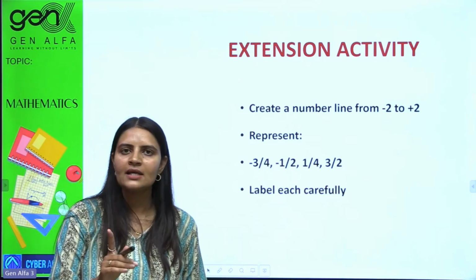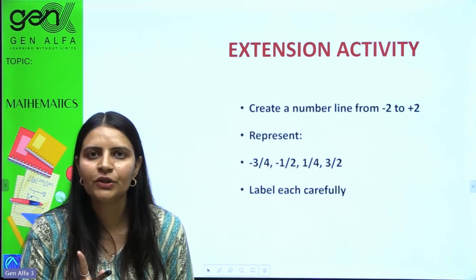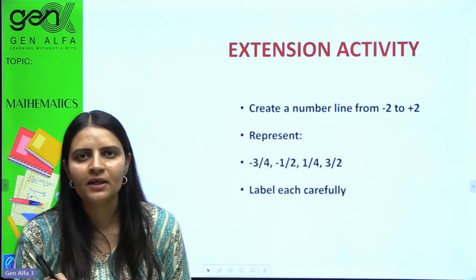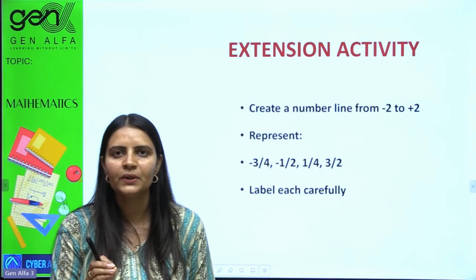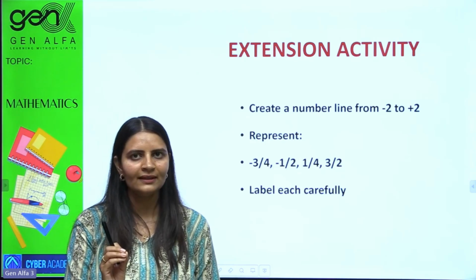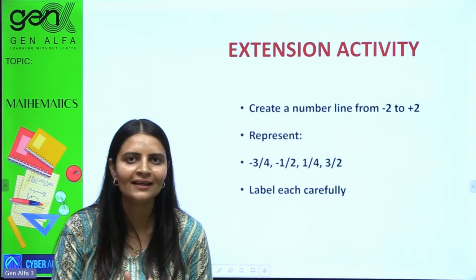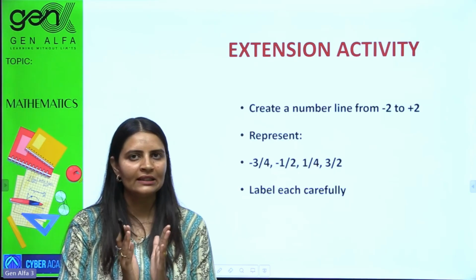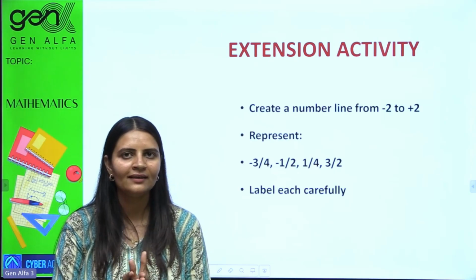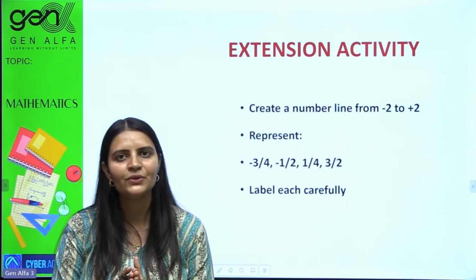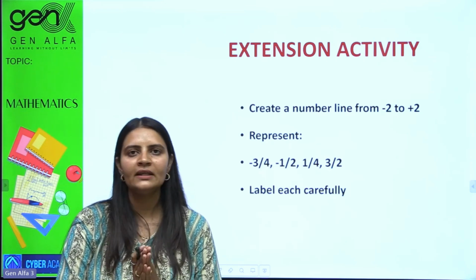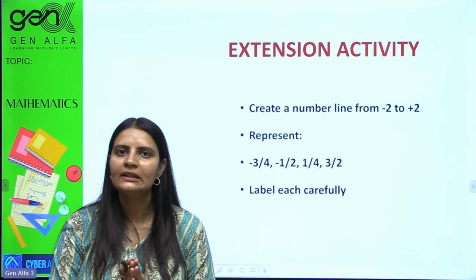This is your task right now. I'm giving you 8 to 10 minutes for that. You have to do it by yourself, and you can take the help of your amazing teacher present there if needed. But you have to do it in order to get perfect at representing rational numbers.